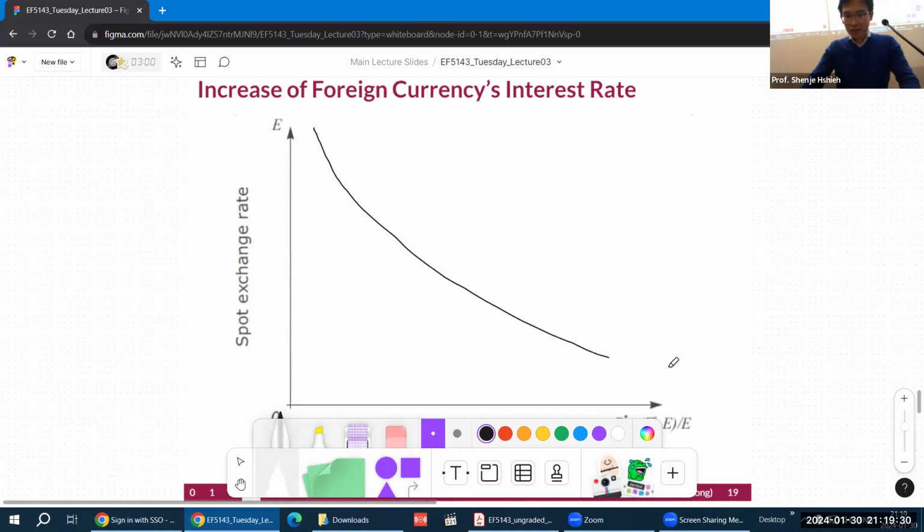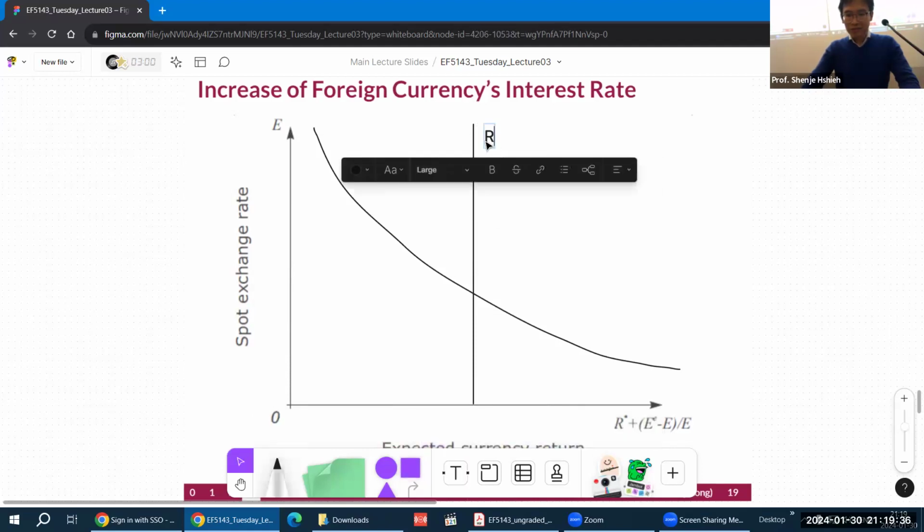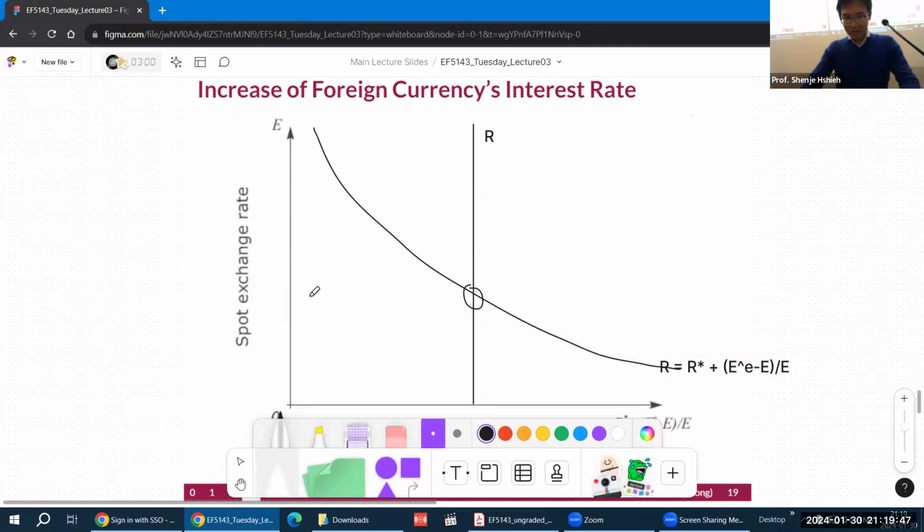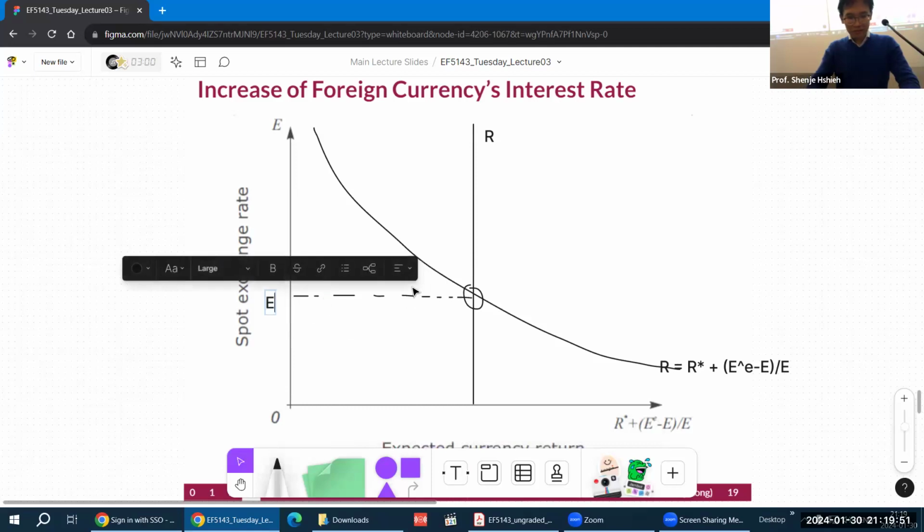So let's draw an initial UIP curve and a starting point home interest rate. Let me write R equals R star plus (E hat minus E) over E, and let's have an intersection here at E naught.